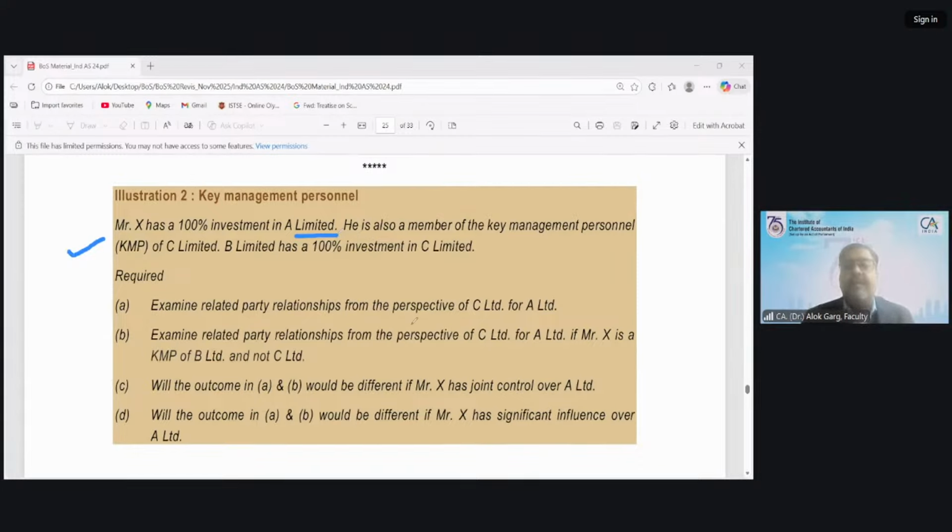Examine related party relationship from the perspective of C Limited for A Limited. So in the books of C Limited, whether A is a related party or not. Yes, sir.